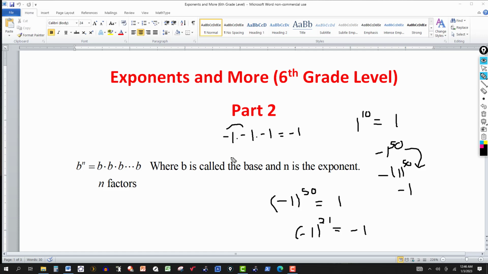But when you have an even number of negative factors, so we have negative 1 times negative 1 times negative 1 times negative 1, see, these two become positive, these two become positive. So you got a positive 1 times positive 1 is 1. Make sure you understand that, and make sure there is a difference, especially when the exponent is even, as to whether the base has parentheses or not.